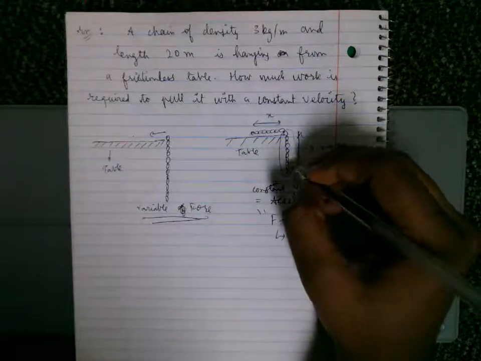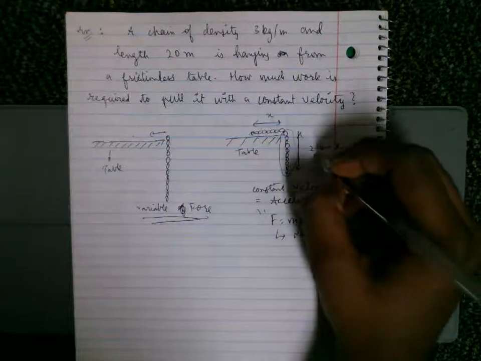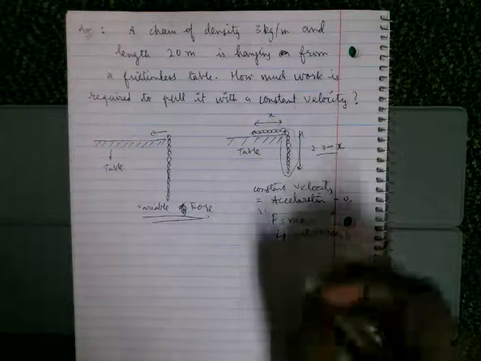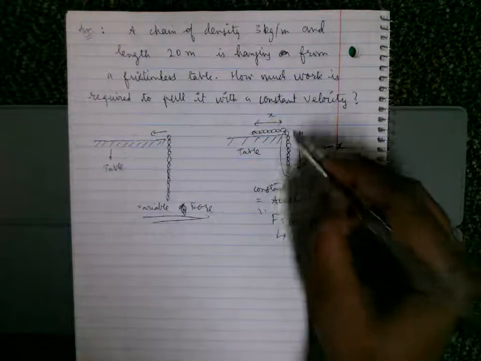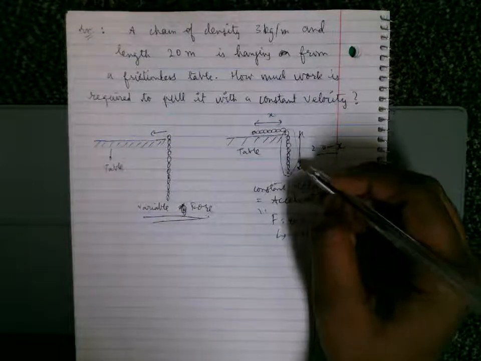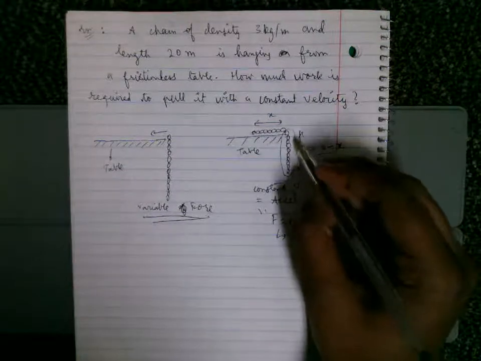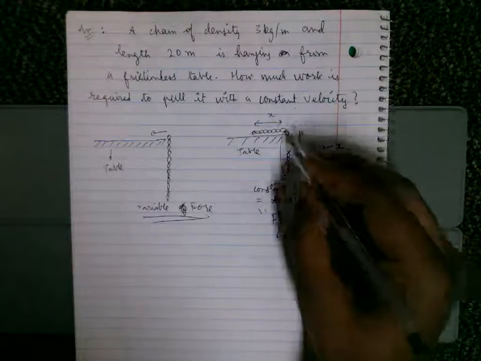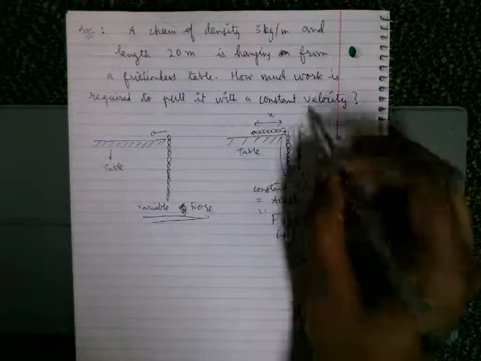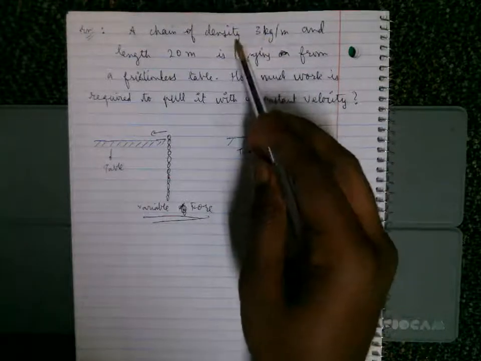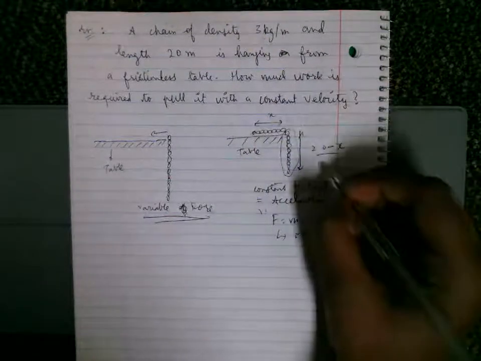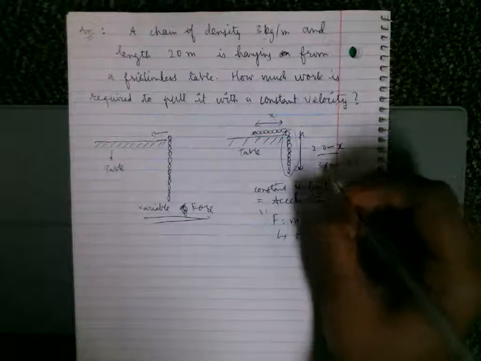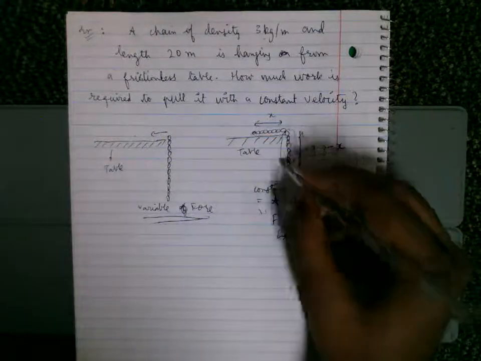The length of the hanging chain is 20 minus x. The mass is density times the length, so we have 3 times 20 minus x, which is the mass of this part of the chain, right?